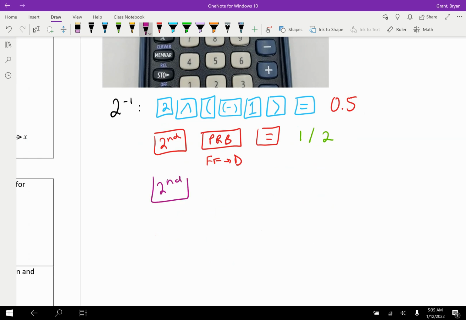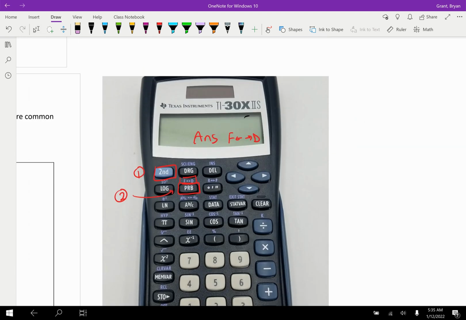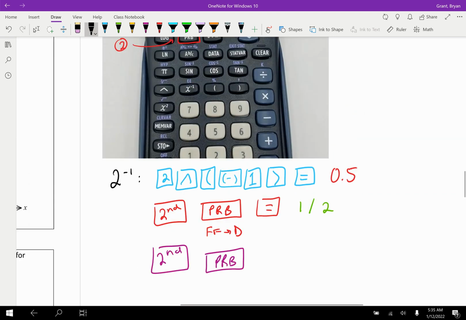Do second, PRB, and so now what's going to happen on your calculator is your most recent entry on your screen is going to be that 1/2, and when you do second fraction to decimal and then you hit your enter, now it's going to turn it back to 0.5. And you can go back and forth, but it is pretty common and useful to be able to convert between fractions and decimals.